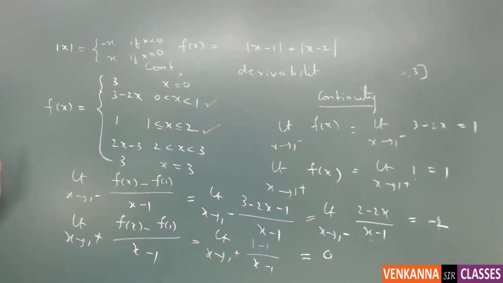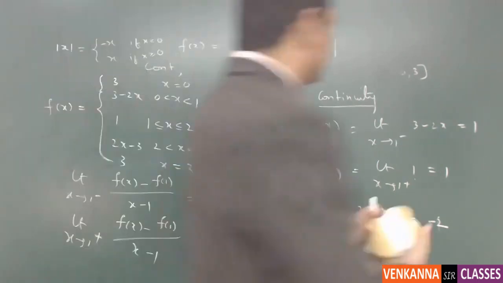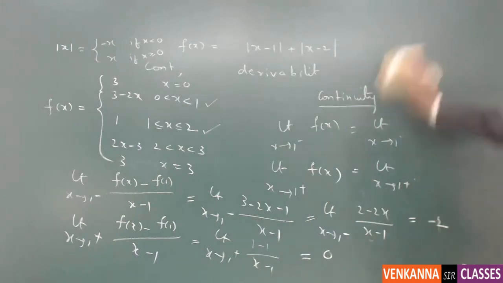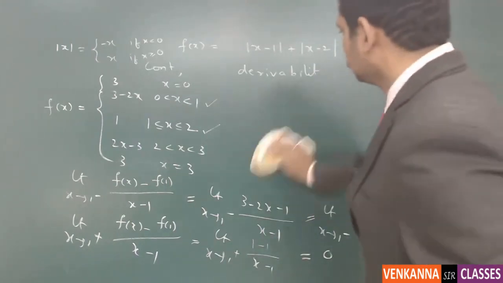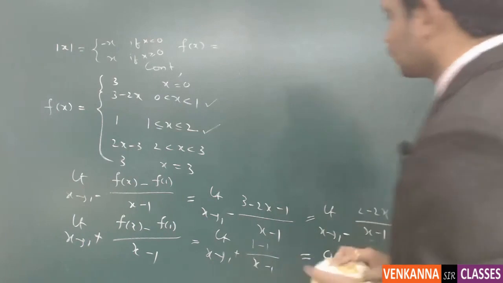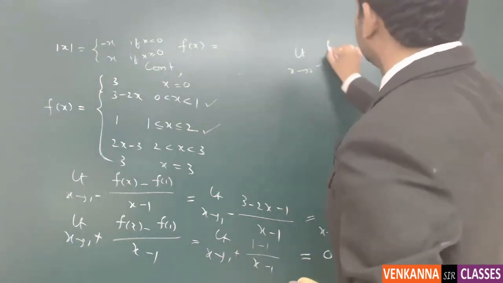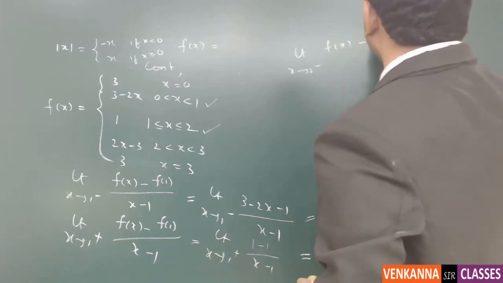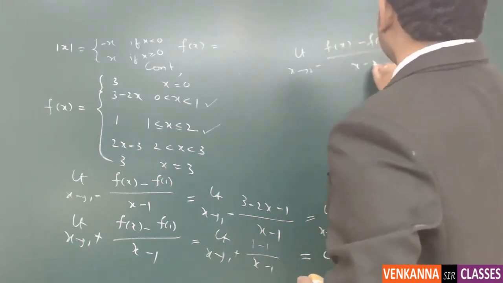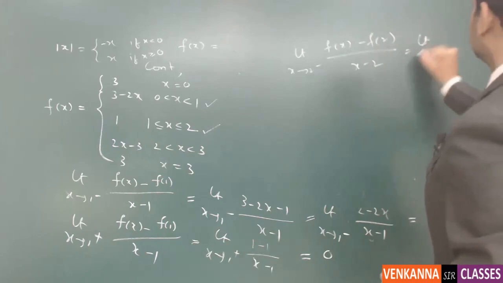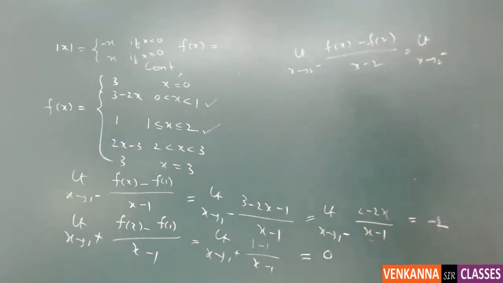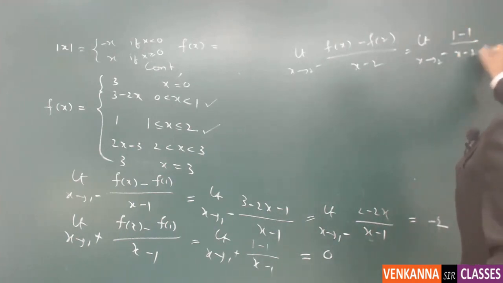In the same manner, if we calculate the left and right derivatives at the point 2, for 2 minus the value is 1, f of 2 is 1 by x minus 2, 0.